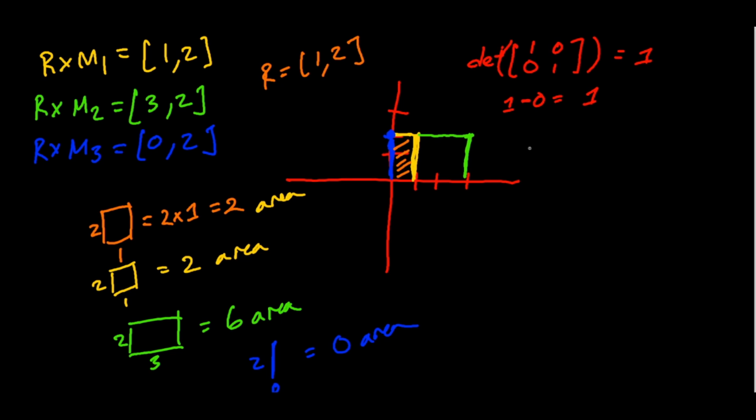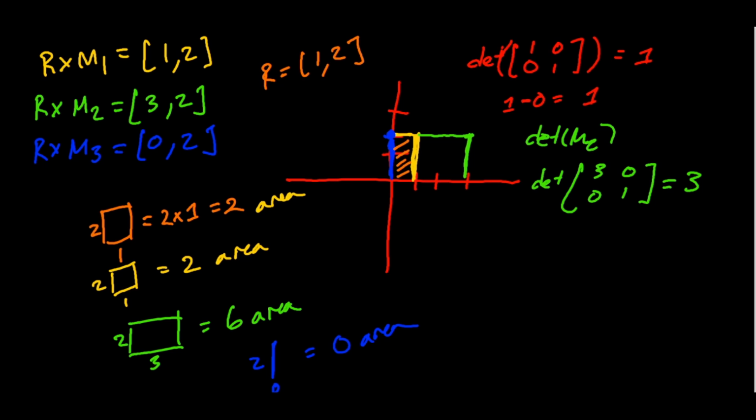So now let's change the determinant. What's the determinant for M2? That would be the determinant of 3, 0, 0, 1, based on the matrix that I showed earlier. And that's going to be 3 times 1 minus 0 times 0, so that's going to equal 3.